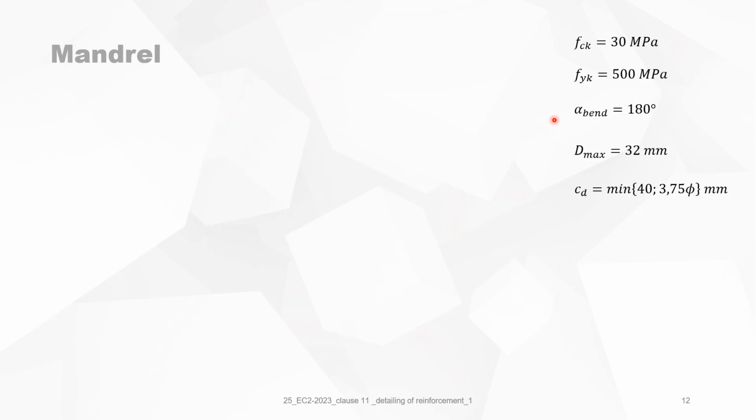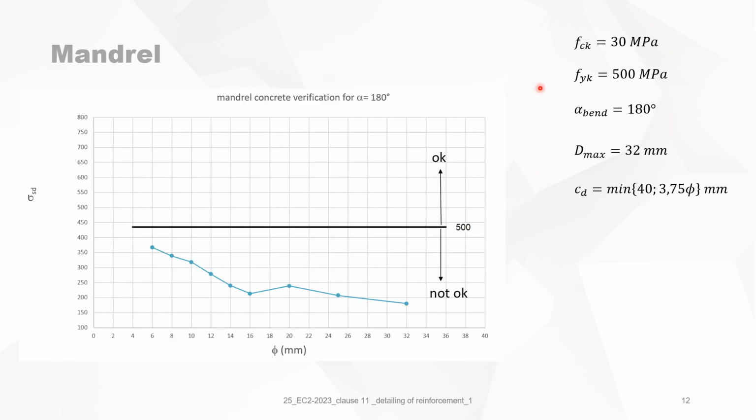Now we will look at a bend, an angle of bend of 180 degrees instead of 90. All other parameters stay the same. And you will see in this case, and this is again the line of 435 megapascal, that all diameters fall below the limit of 435 megapascal. So it means that for the pins, because it's at 180 degrees, they cannot be used to their full capacity when using the minimum mandrel diameter.